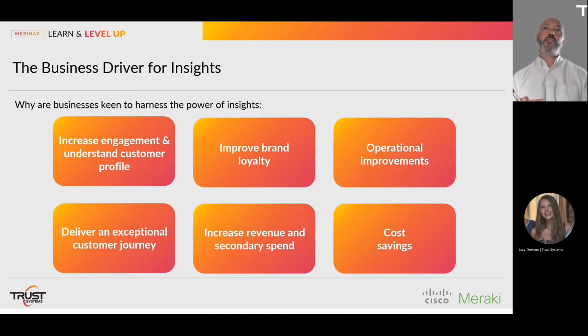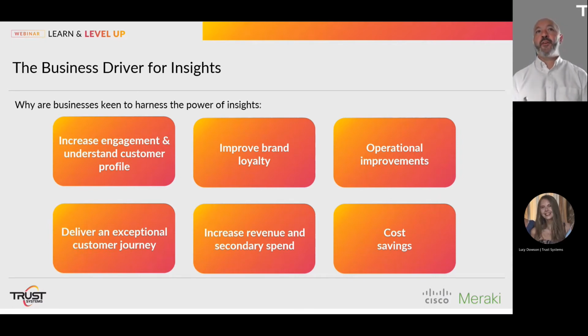But actually, it's looking at operational improvements around some of your staff, some of your business processes within your retail store or within your hotel or leisure facility. People are a very expensive cost, a big element of your cost. So how can we maximise their time within a store, looking to improve that engagement? There are ways in which the technology can help support that.